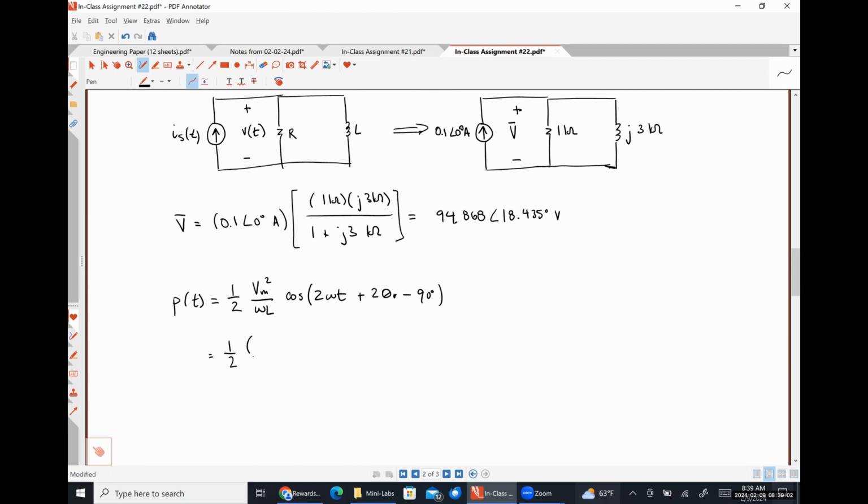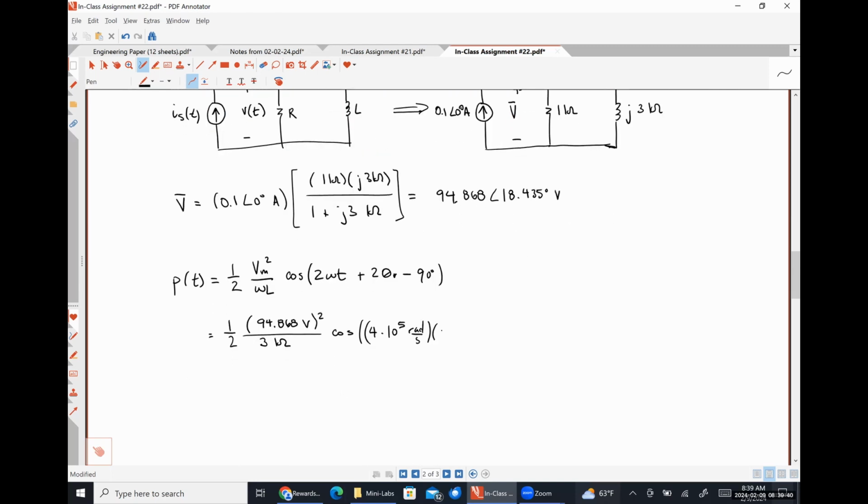So that's going to look like 1/2 times 94.868 volts squared. Omega L is just 3 kiloohms. Cosine, so twice omega is going to look like 4 times 10 to the 5 radians per second. T is 10 microseconds. So that's 10 times 10 to the minus 6 seconds.